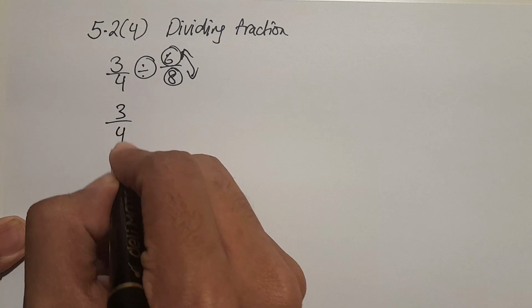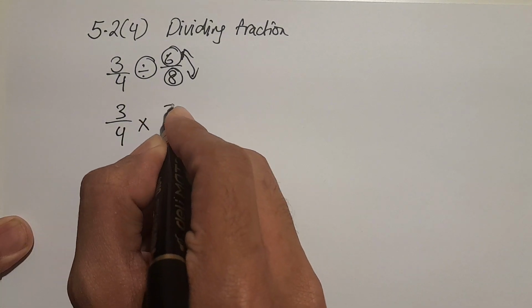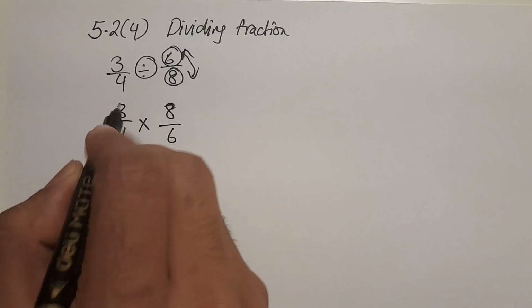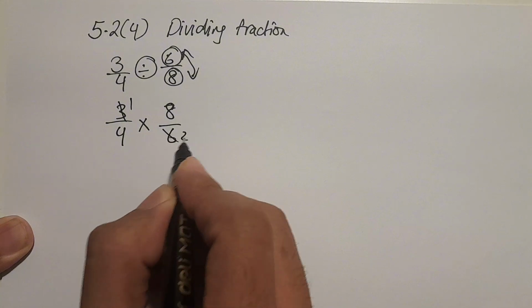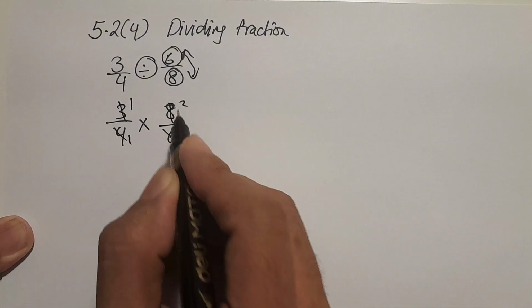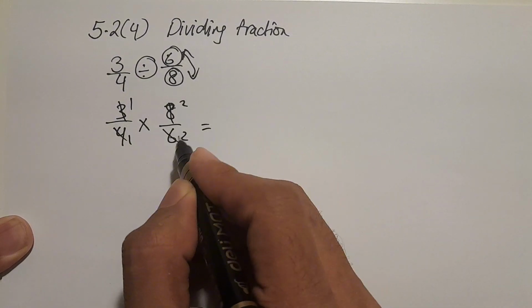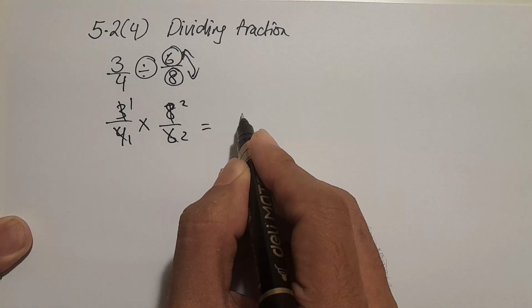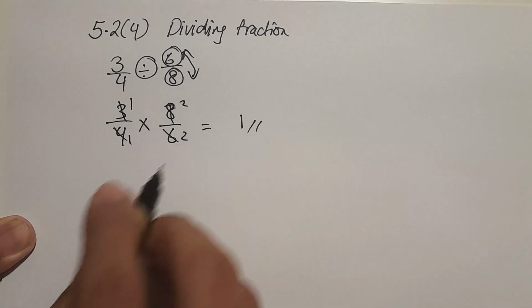So 3 over 4 multiplied by 8 over 6. So 3 ones are 3, 3 twos are 6, 4 ones are 4, 4 twos are 8. So this will be 2 over 2 and this will be 1. So this will be the answer.